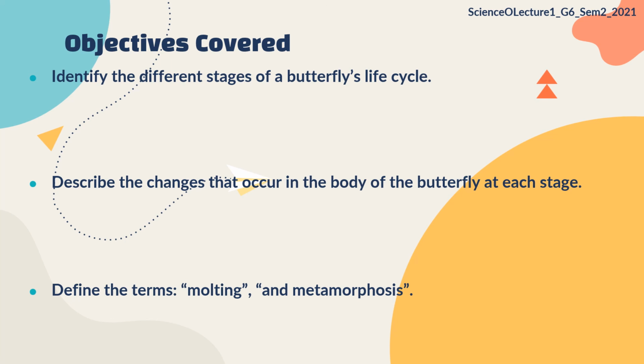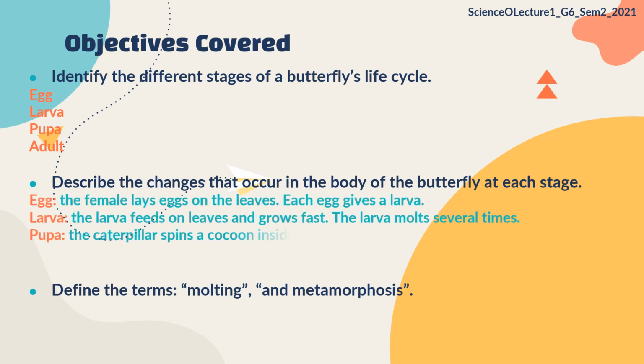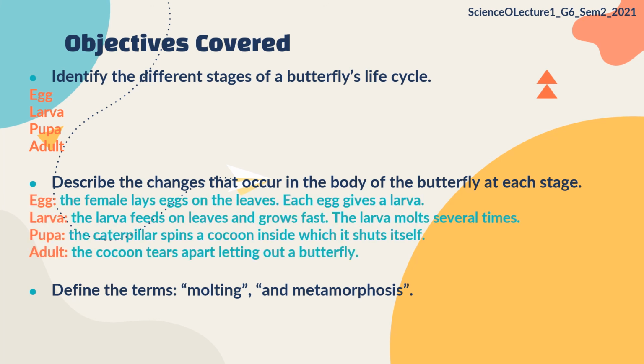Here we go. What are the different stages of a butterfly's life cycle? Egg, larva, pupa, adult. Adult insects lay eggs on the underside of twig leaves. Each egg gives one embryo, one larva.